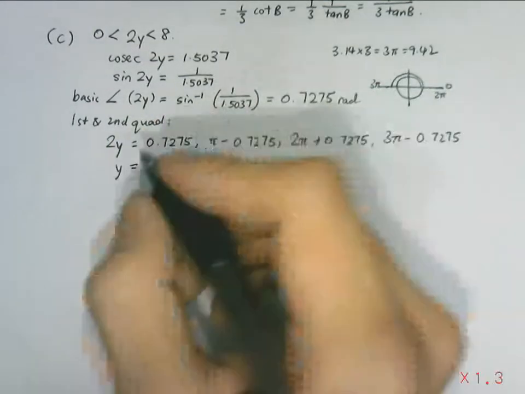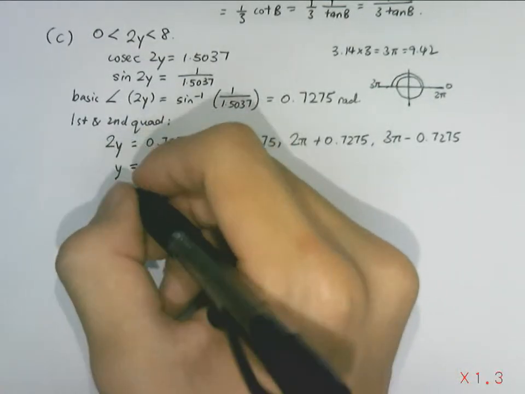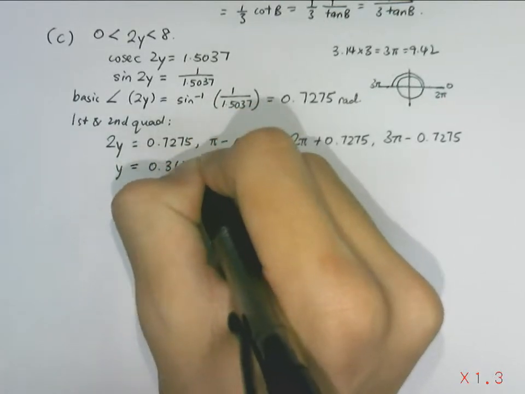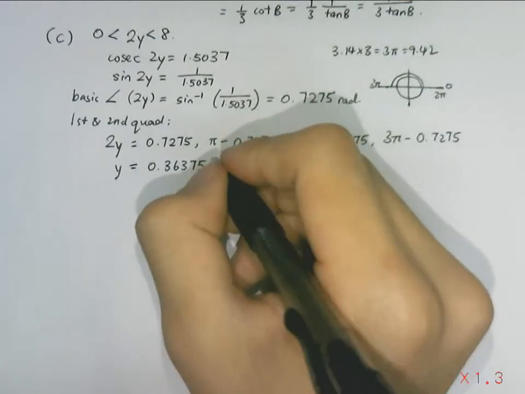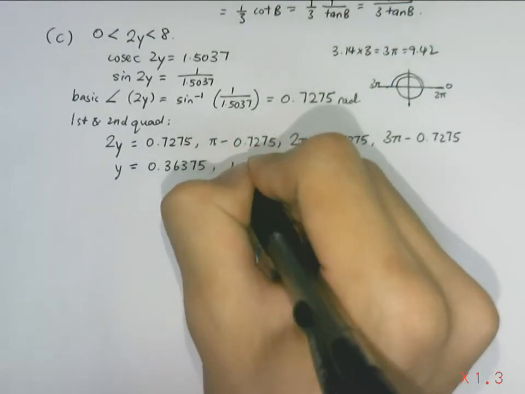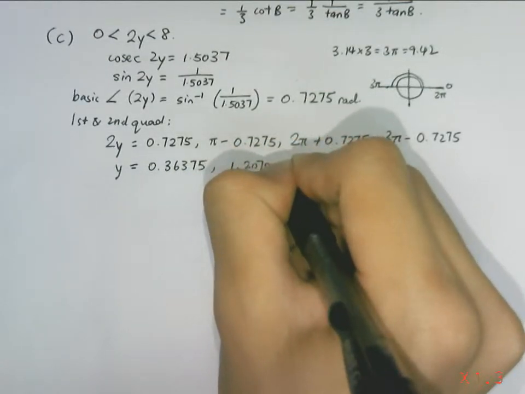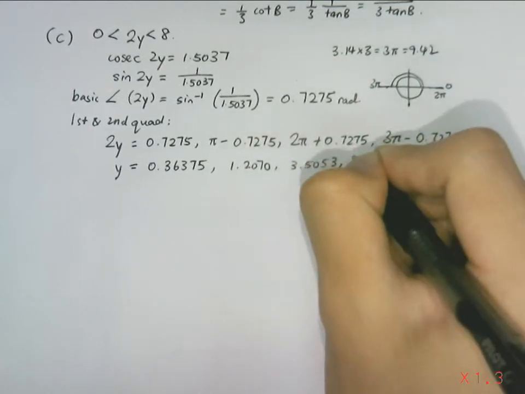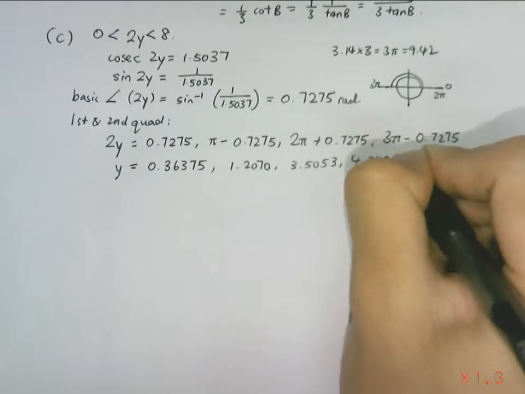Then each answer you just need to divide by 2 and you have these answers: 0.36375, 1.2070, 3.5053, and 4.3486.